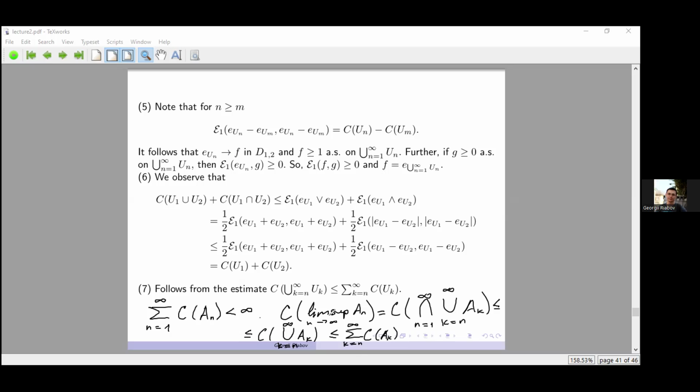And now, since the sum of capacities of A_n is assumed to be finite, when we take the sum from n to infinity and take the limit when n goes to infinity, this will go to 0.